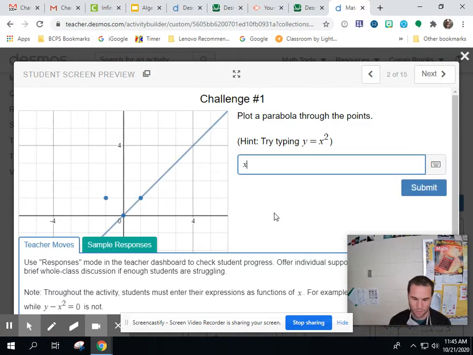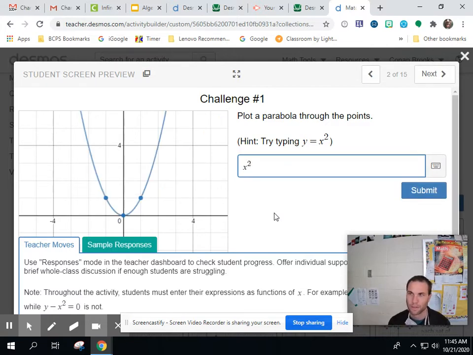Well, it turns out that if you were to graph x squared, then it's just a parabola. It goes through 0, 0, and it goes down and then up. By the way, to put in the superscript, you need to use Shift 6. That symbol above the 6 is called the caret. And then you can transform this by doing a couple different things.